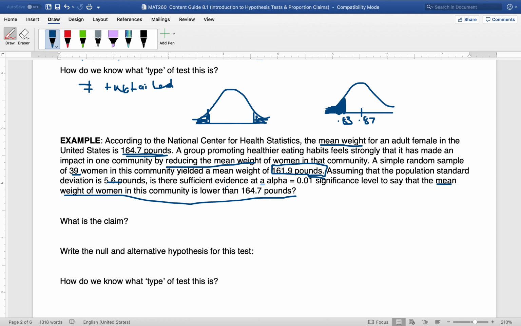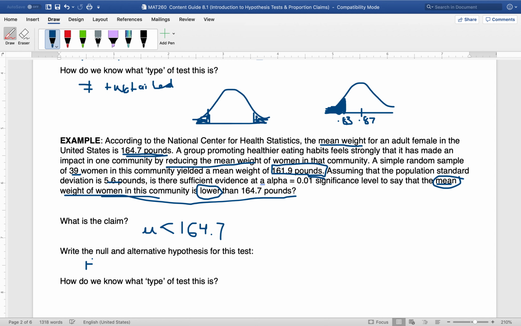So we saw that the claim was that the weight of women in this community is lower than 164.7 pounds. So the population parameter for mean is mu, and we want lower. So lower is less than 164.7.